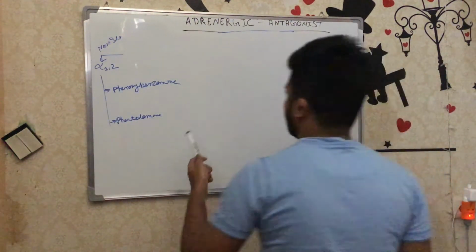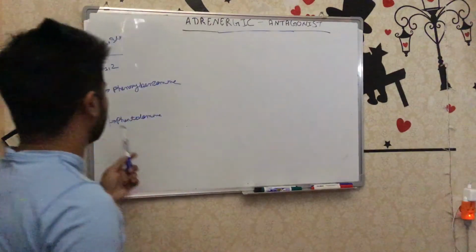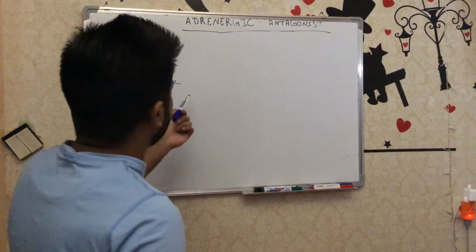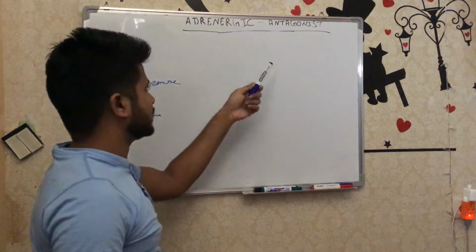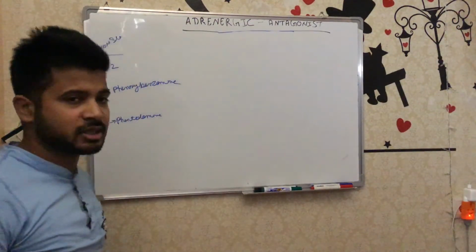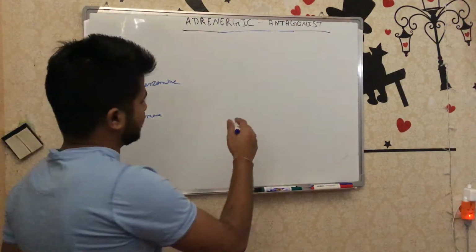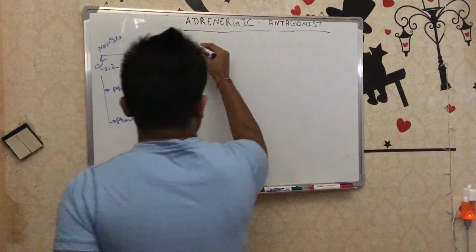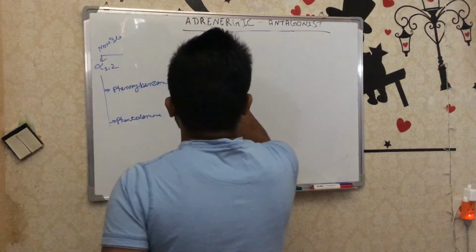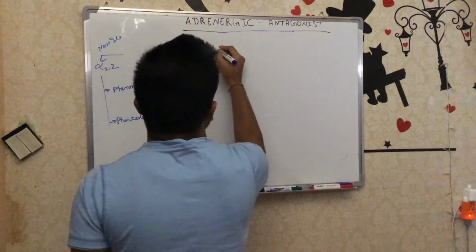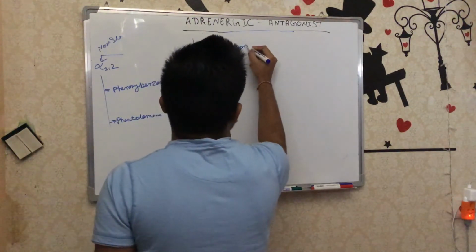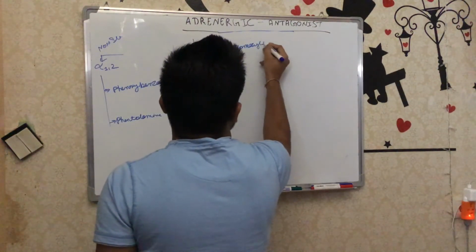About hypertension, we already discussed why not to use it: on one side you decrease the cardiac output, but on the other side, due to blockage of the alpha 2 receptor, it increases the catecholamine concentration and eventually increases the cardiac output. So in hypertension we can't use it. The second indication will be pheochromocytoma.